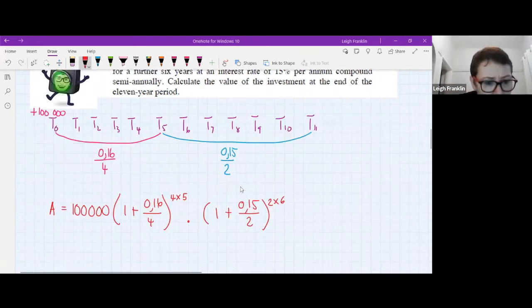All right, and this we just put straight into our calculators. What you see there, you just pop that into your calculator and it'll work out the answer for you. And then we can share what we get. Hopefully we all get the same thing.